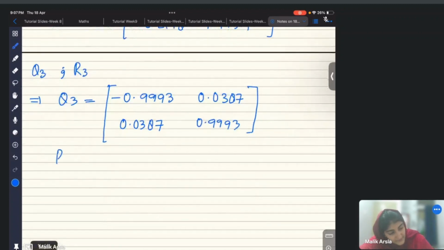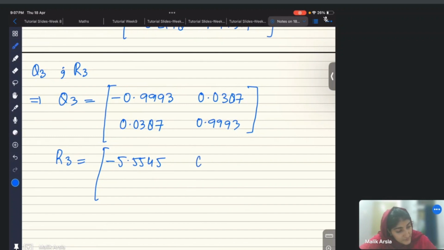Similarly, our R3 is minus 5.5545, 0.2707, 0 and 1.4403.